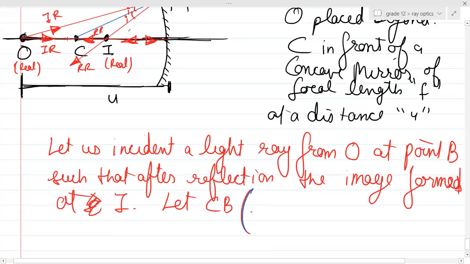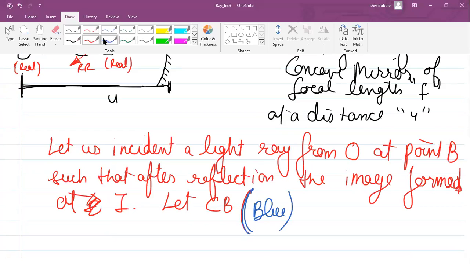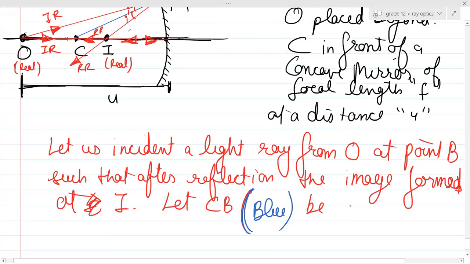Let CB be the normal at the point of incidence.